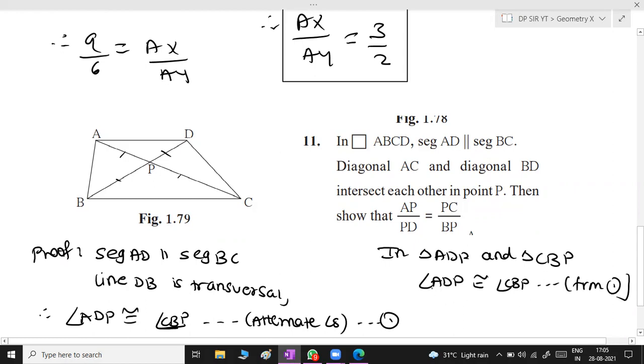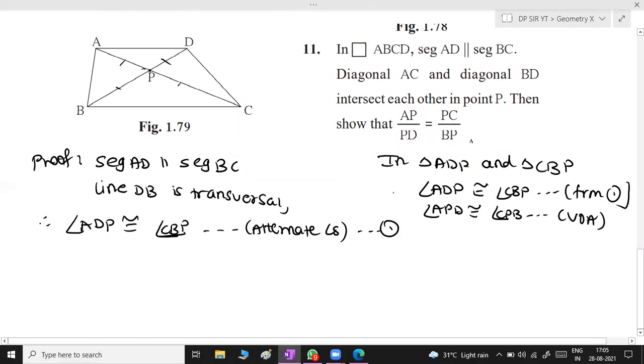Then secondly, angle APD is congruent to angle CPB. Just check, they are vertically opposite angles. Now therefore triangle ADP is similar to triangle CBP using the double A test for similarity.